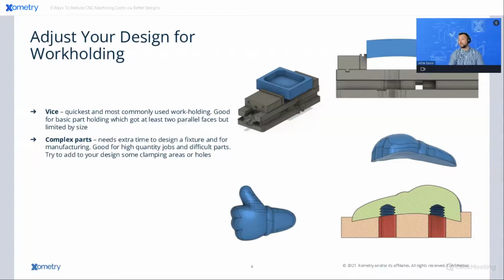Basically, on a CNC table, they have these jaws clamped down on the sides, as simple as that. It just needs your part to have at least 2 parallel faces to hold it.